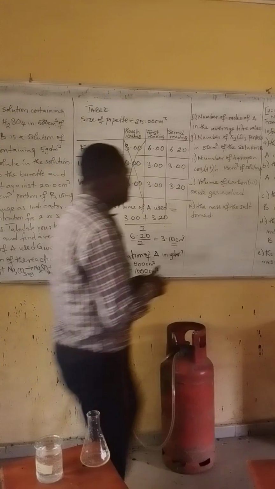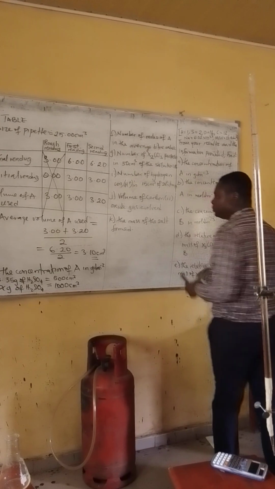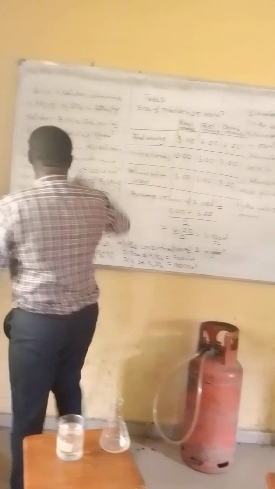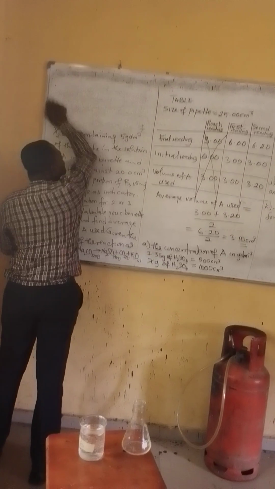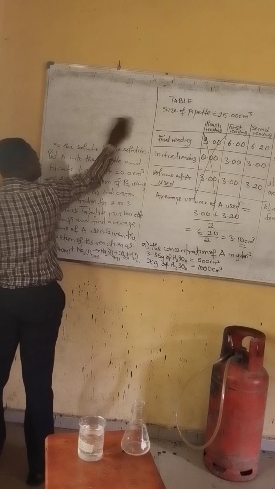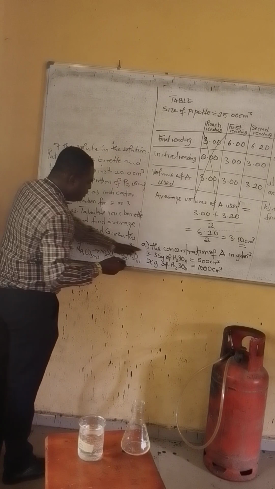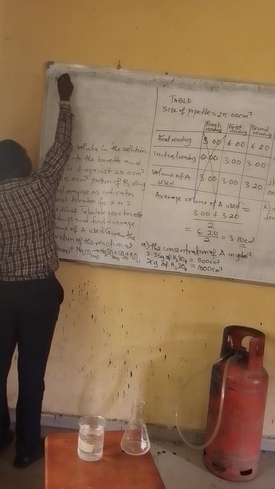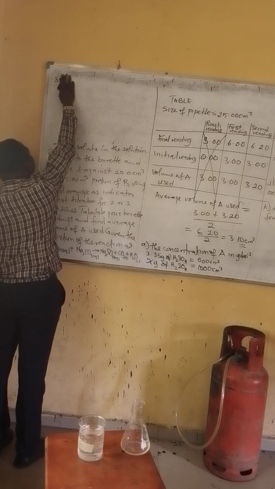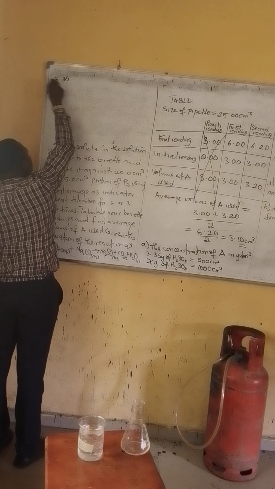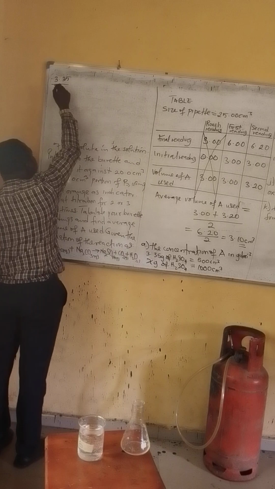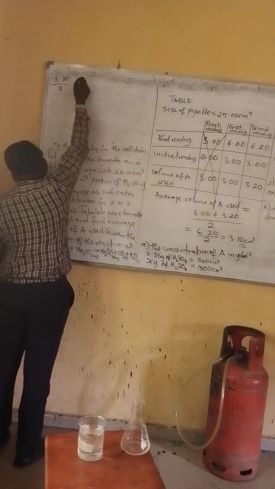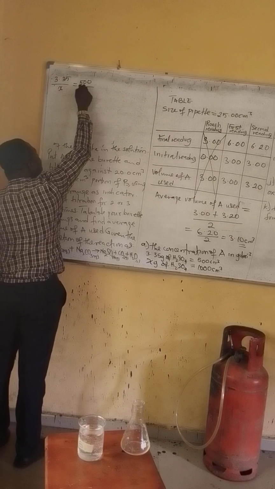Now, we take this place away. Now, let's take this question part away. Now, from this point, you can have 3.35 over x is equal to 500 over 1000.